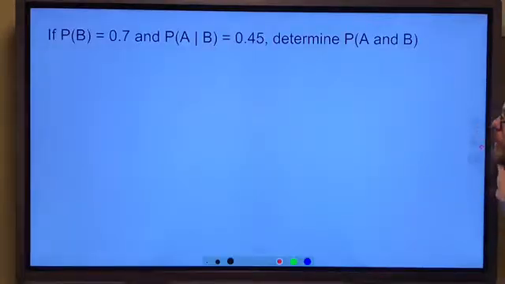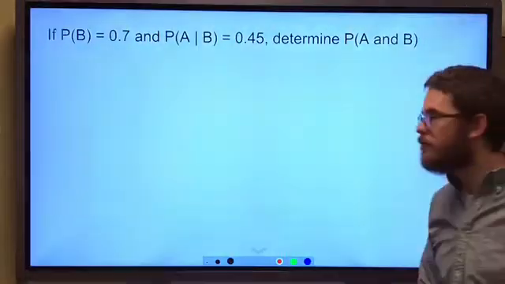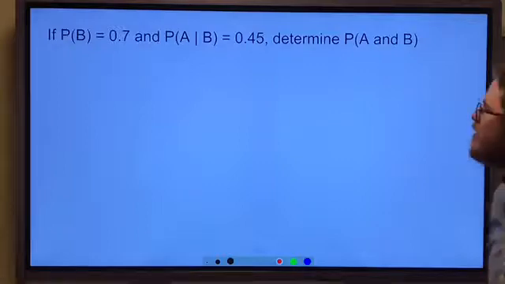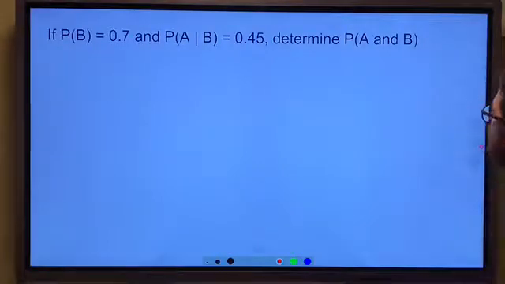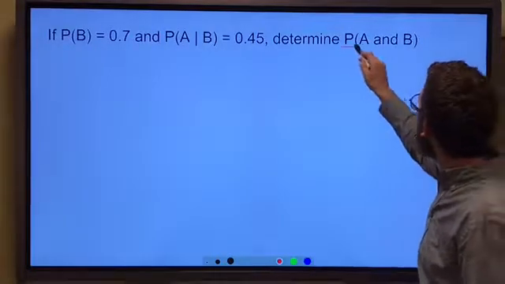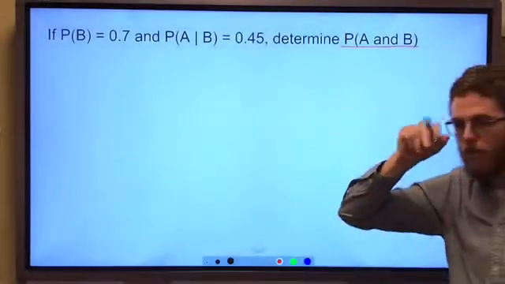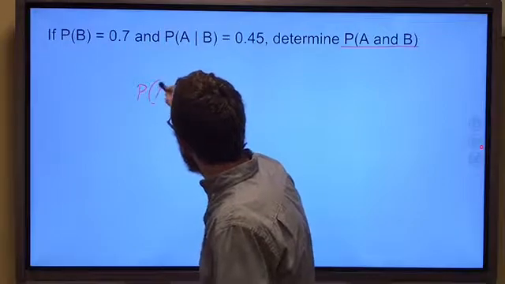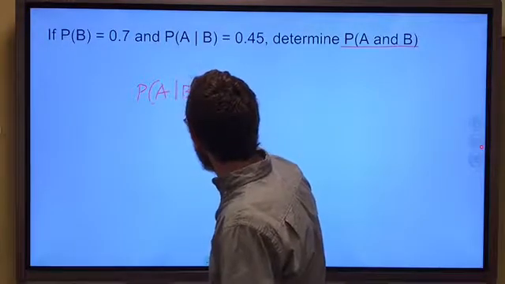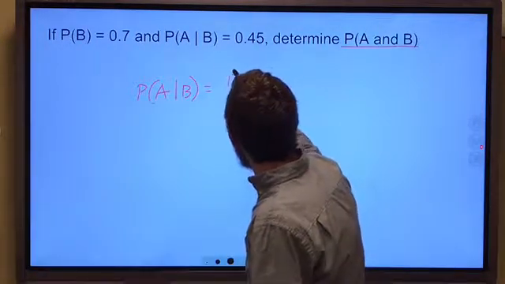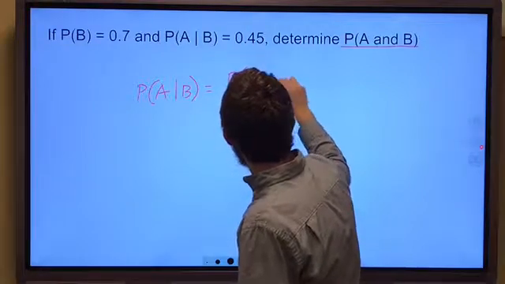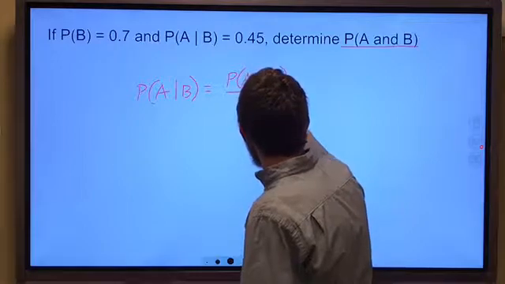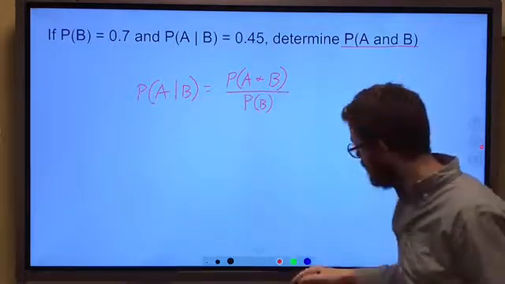All right. Here, unique question. It says, if the probability of B is 0.7 and the probability of A given B is 0.45, determine the probability of A and B. Well, let's remember our formula. The probability of A given B equals the probability of A and B divided by the probability of B. So we divide by the given.